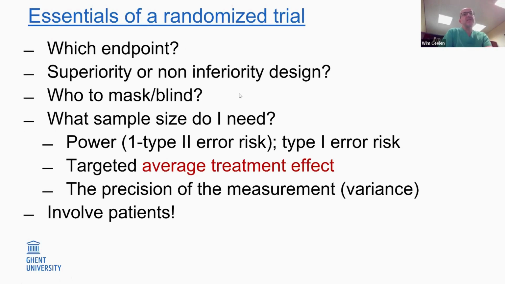Essential design aspects are mentioned here. You need to choose an endpoint. The endpoint should be relevant. It should be easily and consistently measurable, and it should preferably be a hard endpoint. For instance, in cancer trials, you can choose overall survival, you can choose disease-free survival. They both have their pros and cons.